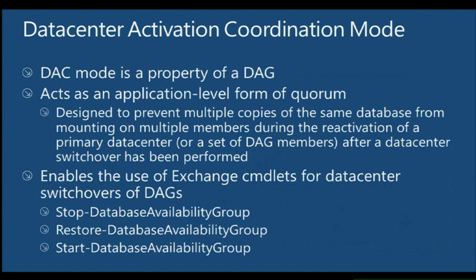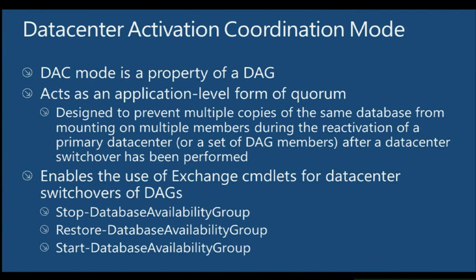So it's a property of the DAG. You use Set-DatabaseAvailabilityGroup to set it. It's like a switch that you turn on and off. Generally, we might recommend that you go ahead and enable it for all DAGs. But we do also have a third-party replication API built into Exchange 2010 that third-party vendors can use their replication technology instead of continuous replication if you want.